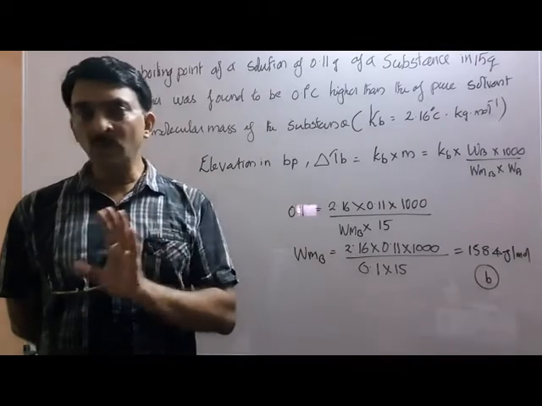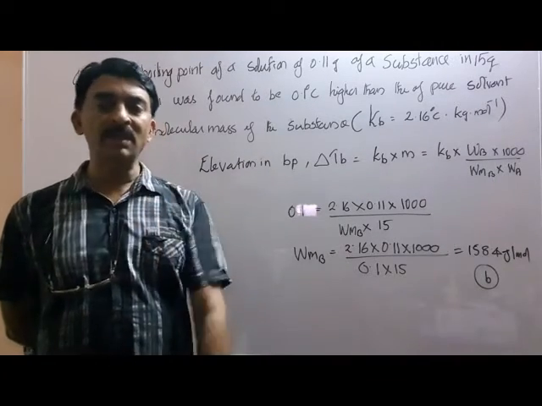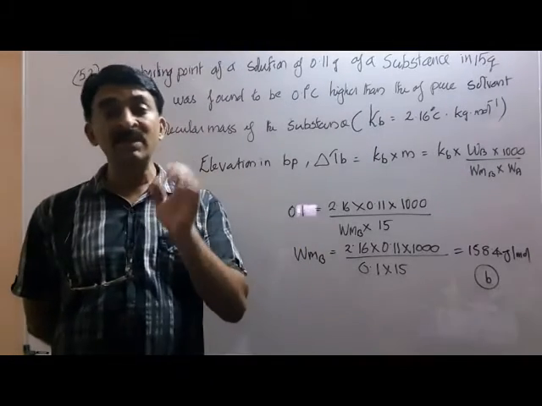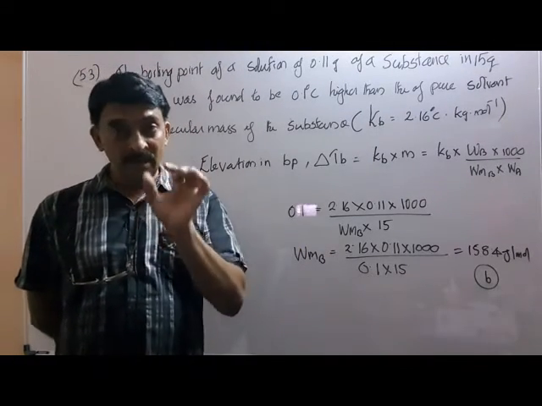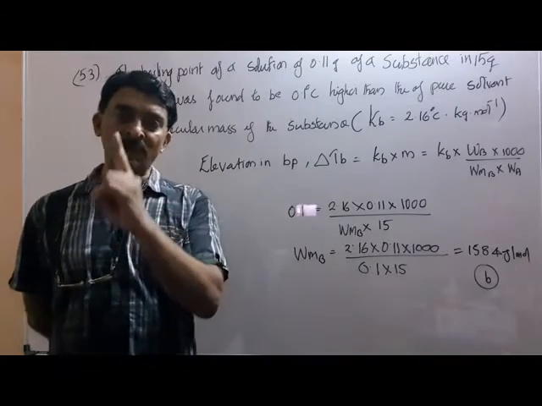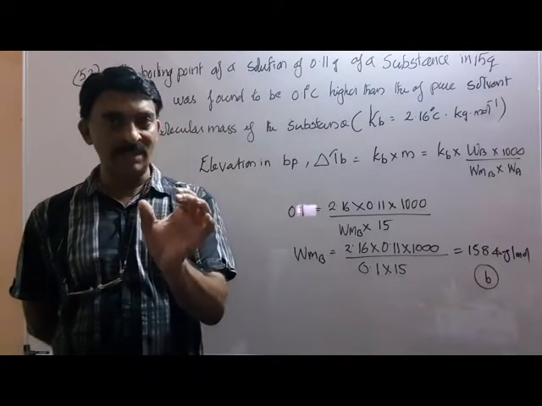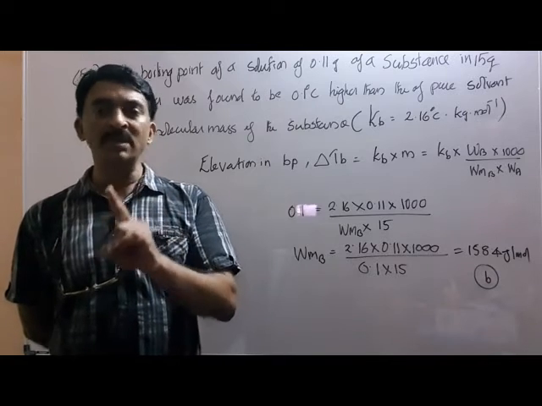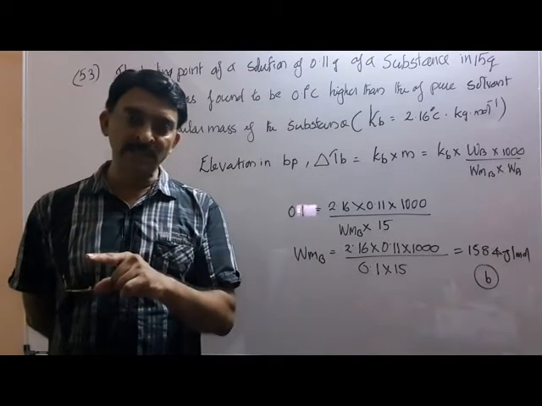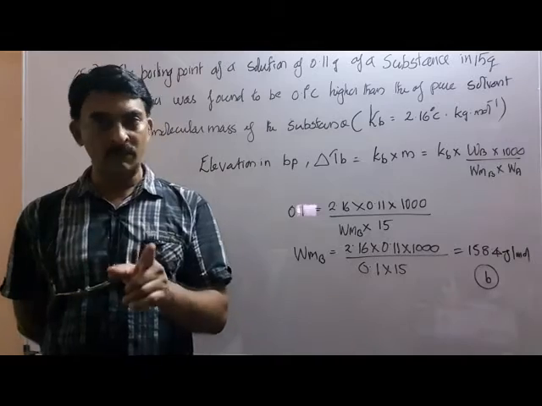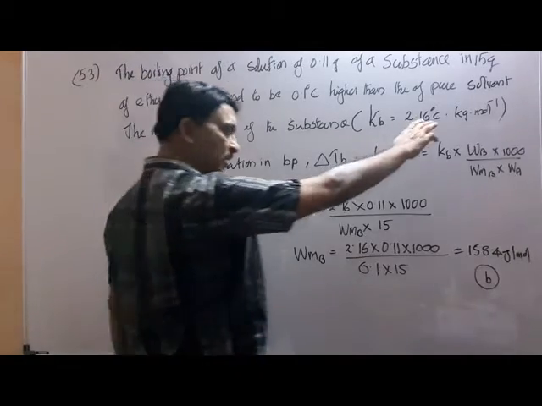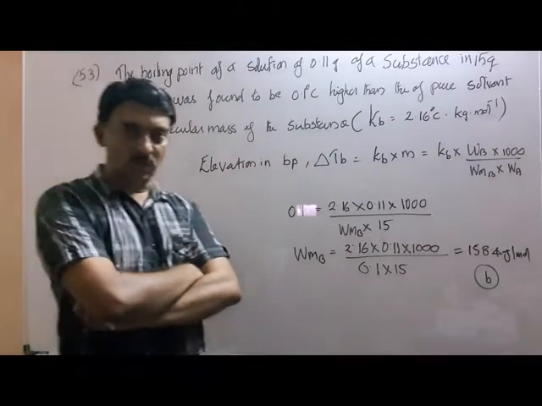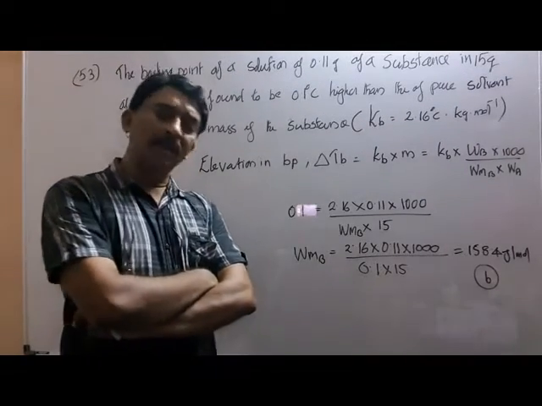So the difference value is the same whether it is in Celsius or Kelvin, and the molal boiling point elevation constant is the increase in boiling point for a 1 molal solution. So it is delta T. Even Kb is delta T, so its value is independent of whether we express it in Celsius or in Kelvin. So the unit is correct. 2.16 degrees Celsius kilogram per mole is also correct, like Kelvin kilogram per mole.